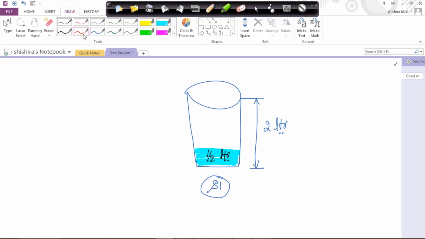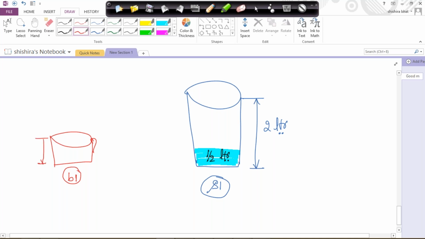Now, can I take another mug? The mug name is B1. But the capacity of this mug is smaller, only 1 liter.